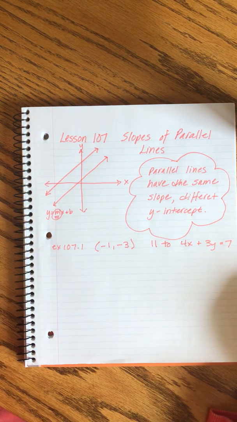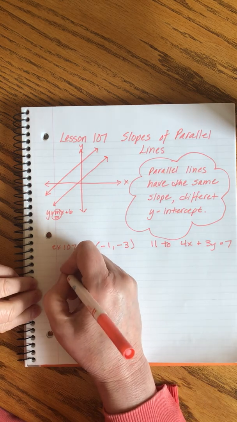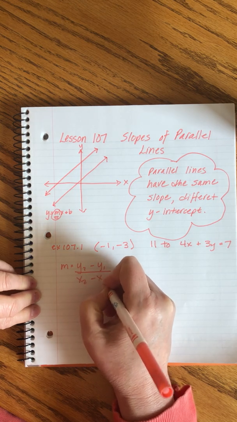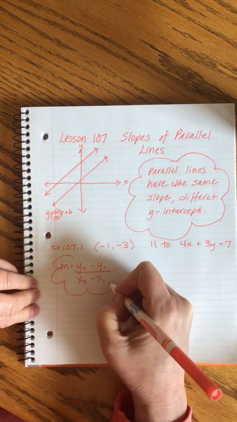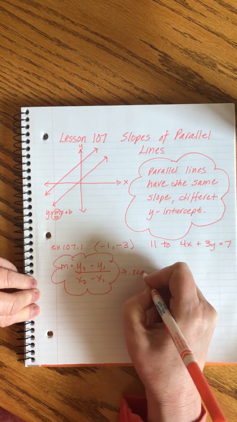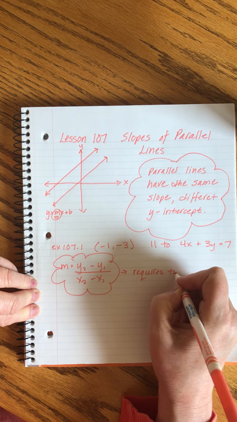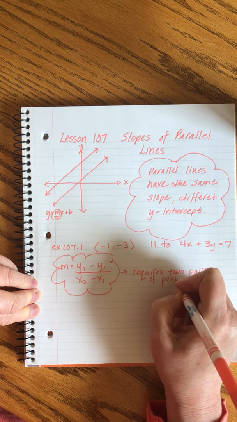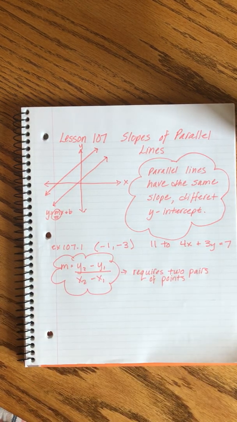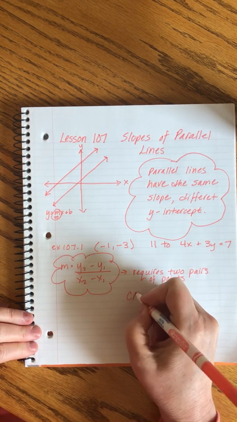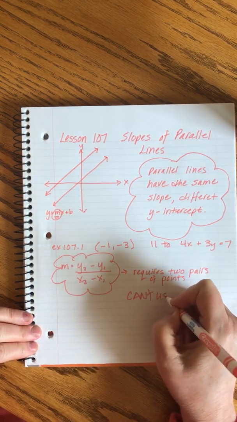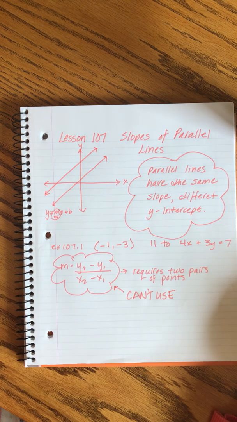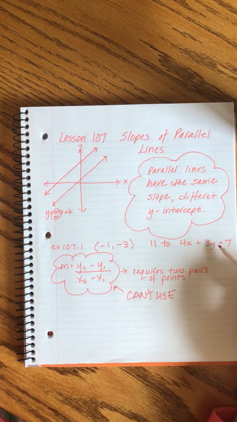Now we only have one point, so we couldn't use the slope formula, because it requires two pairs of points, and in this problem we were only given one. So somehow we have to extract some information out of this.